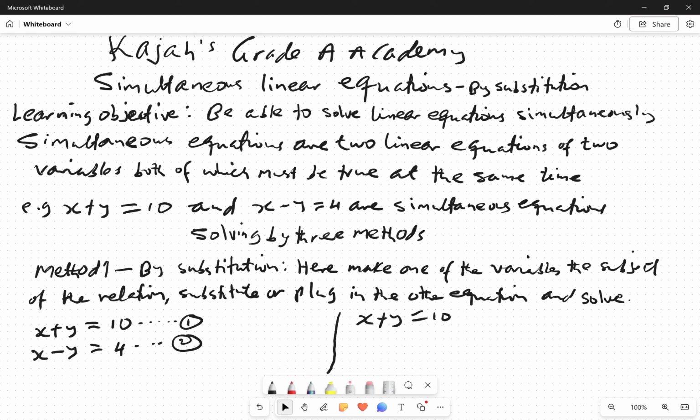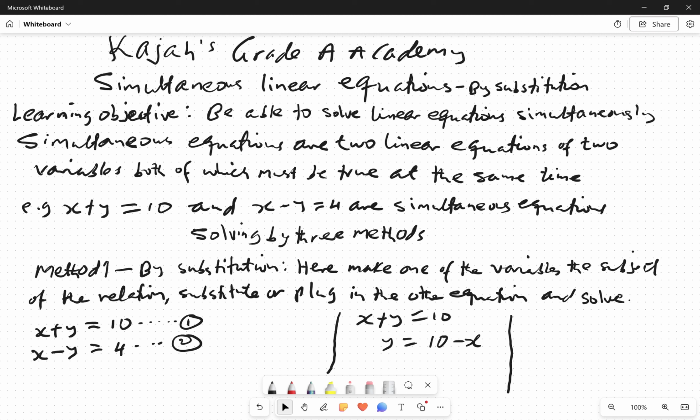If we want to find y, then we subtract x. So y will be equal to 10 minus x. Now that we know the value of y, we put it in the second equation. You could have also made y or x the subject of the second equation and put it in the first. It doesn't really matter.